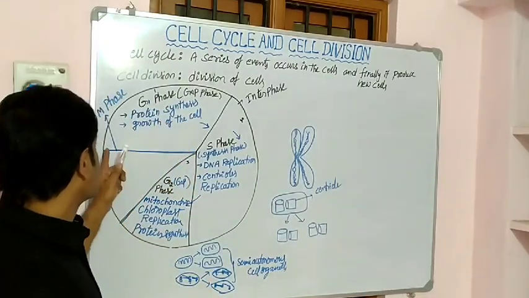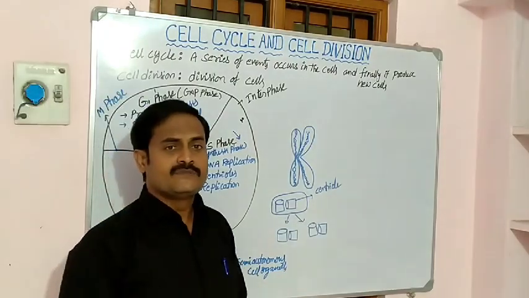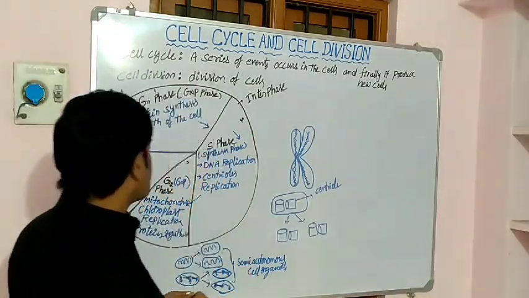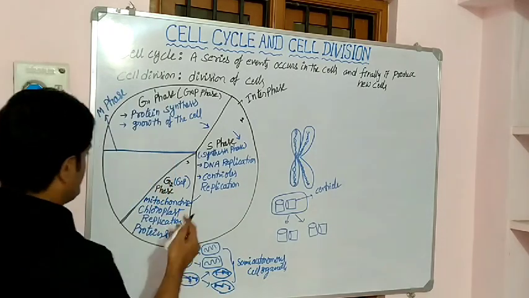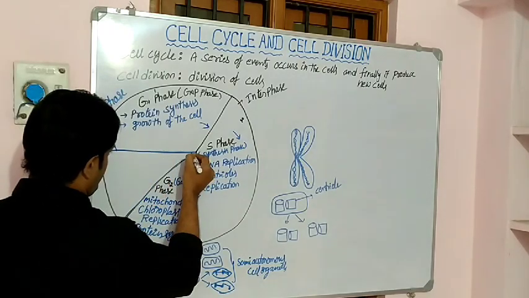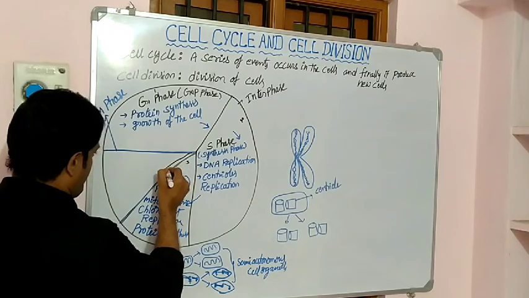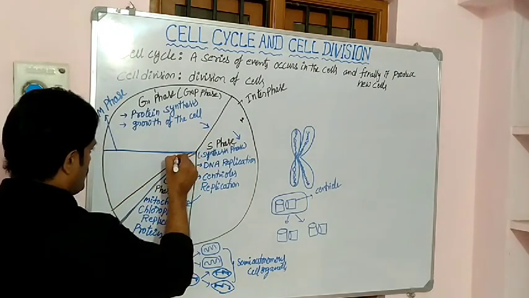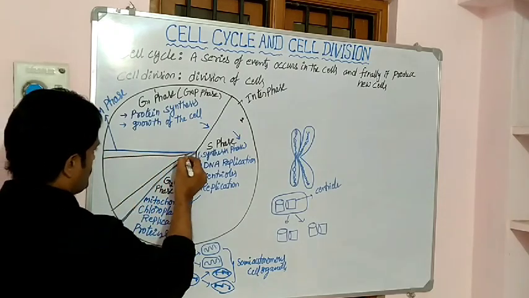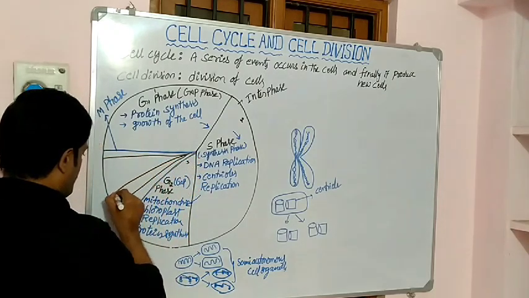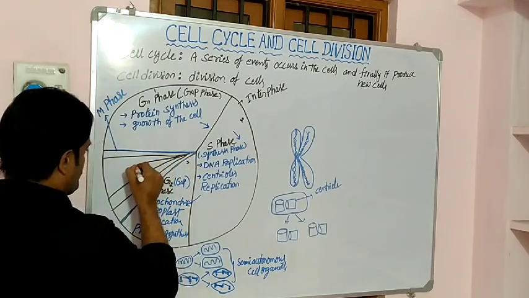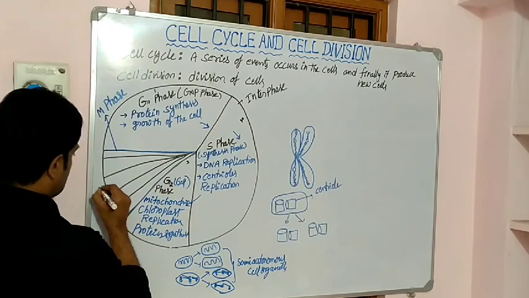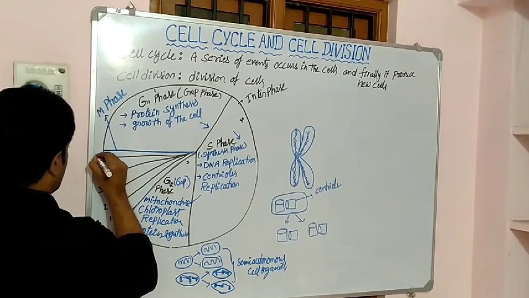What is the phase? M phase. See, the M phase consists of again 5 subphases. It consists of 5 phases: 1, 2, 3, 4 and 5.